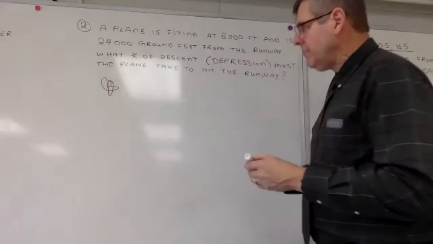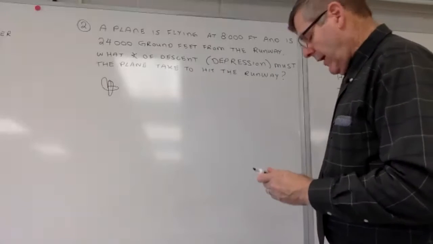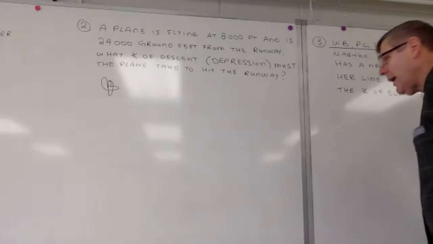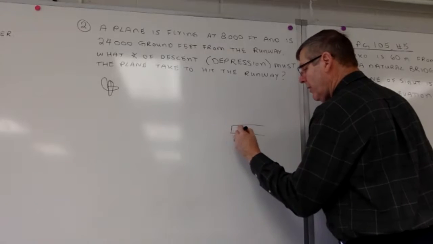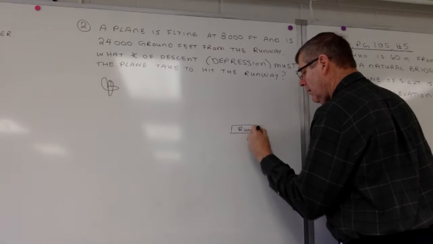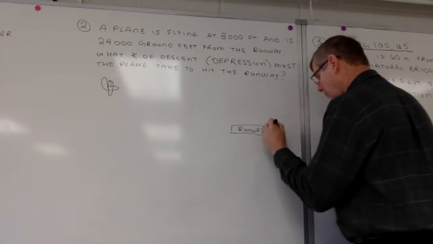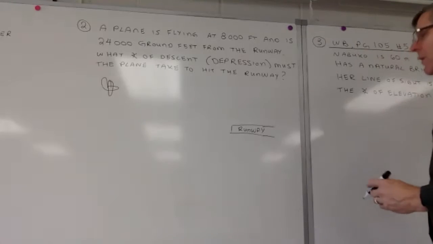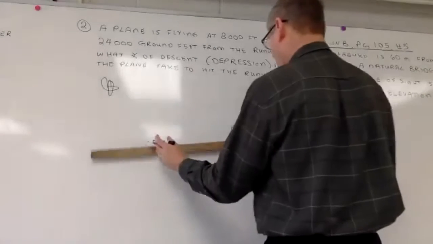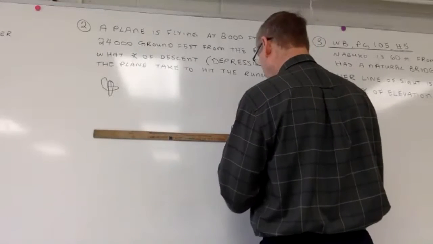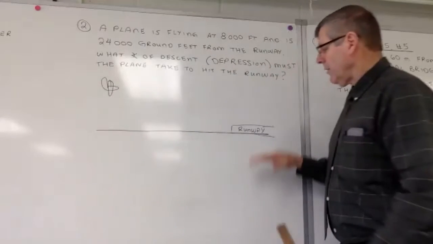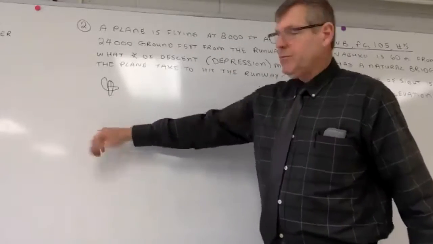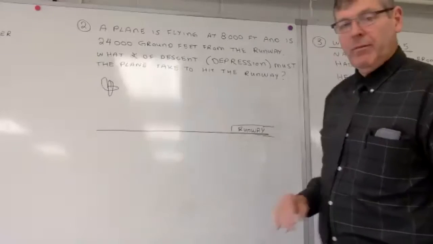I have a plane. And what do I know about that plane? Well, I know that I have a runway over here. Here's my runway. What else do I know? Well, I know the runway's on the ground, and I am going to make an assumption, a very important one, that the ground is level, because if we were flying in rocky terrain, that would make a difference.